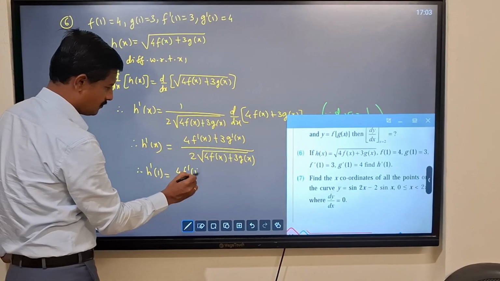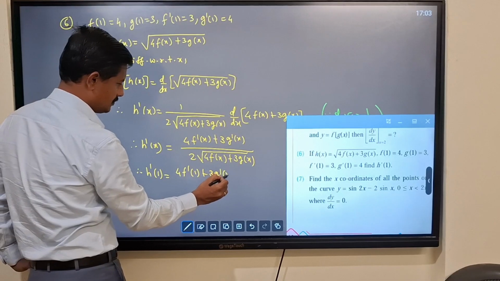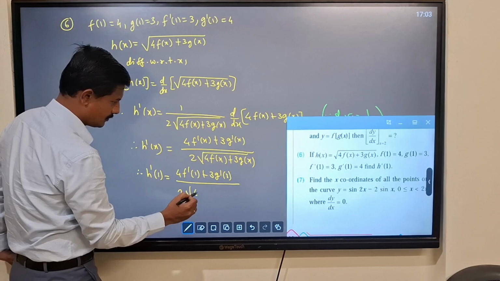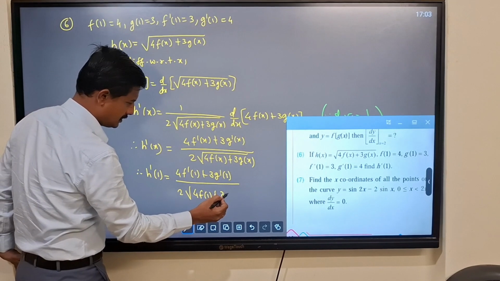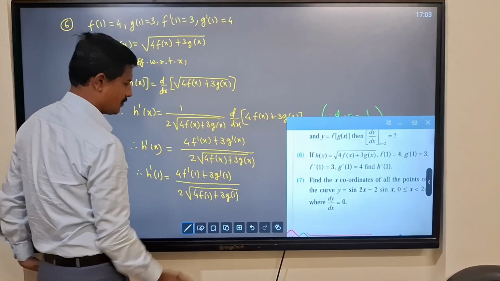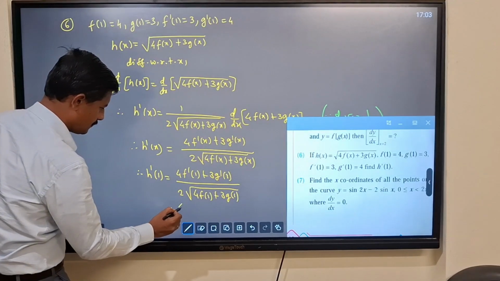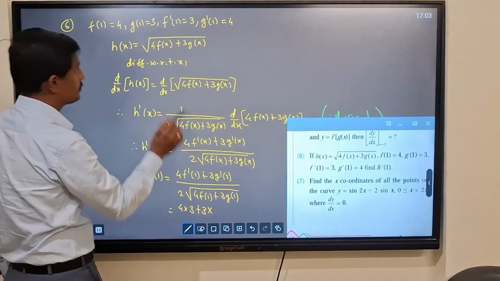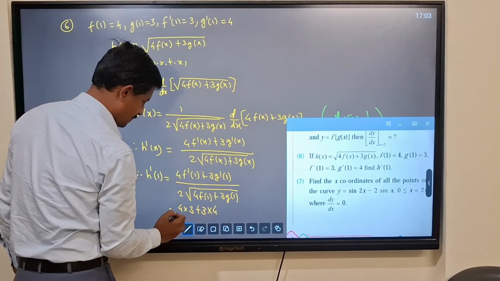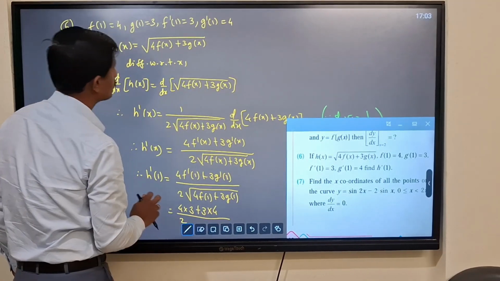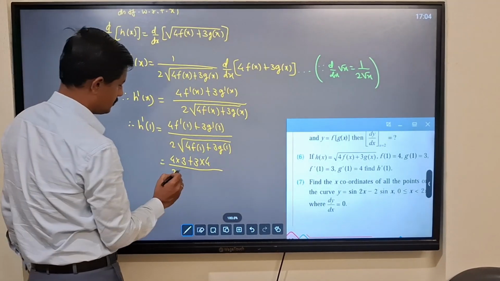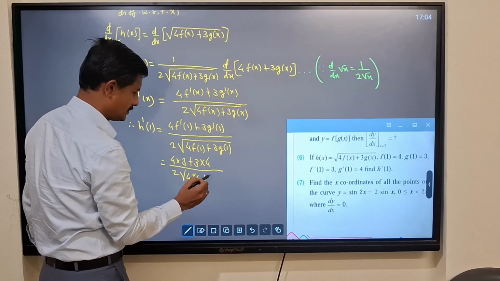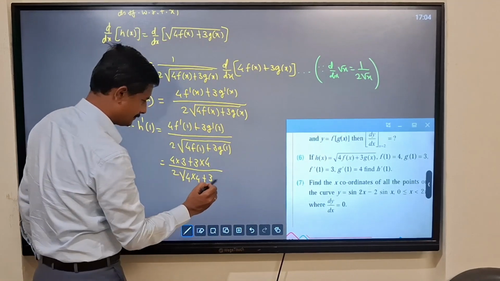4 f prime of 1 plus 3 g prime of 1 upon 2 root 4 f of 1 plus 3 g of 1. Now values. 4 f prime of 1 is 3 plus 3 g prime of 1 is 4, upon 2 root, I will use values from there, 4 f of 1 is 4 plus 3 g of 1 is 3.